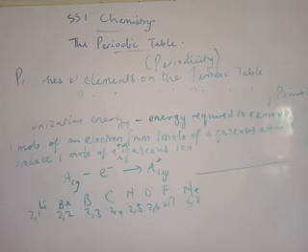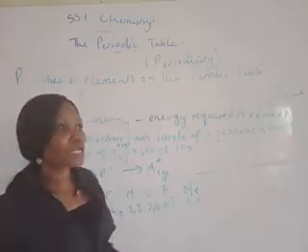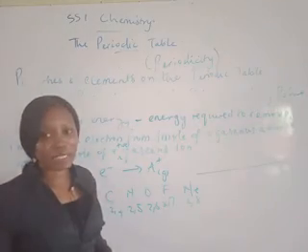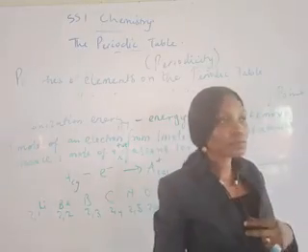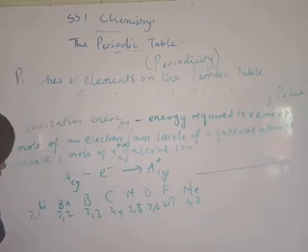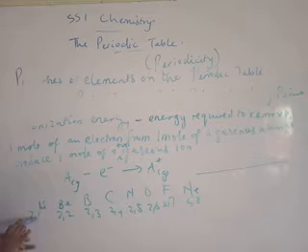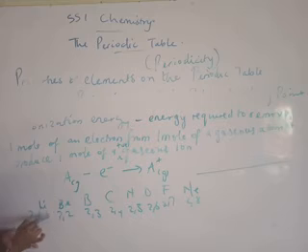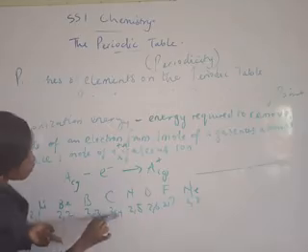Now look at it critically. Remember we talked about atomic radius, atomic size, ionic size, and we said that for atomic size, when electrons are added across the period, how do I mean? This is across the period. You can see that if you look at this valence electron or this outermost electron, it increases. That means electrons are being added. From 1, it moves to 2, to 3, to 4, and like that.